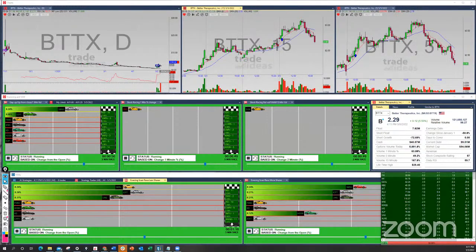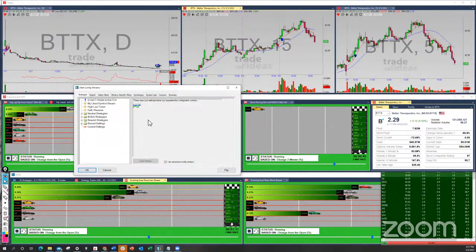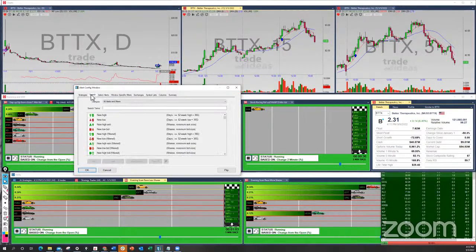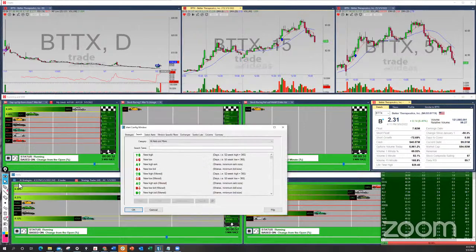So file, new alert window. Let's hide these unused. So I'm gonna build something out real quick and go over the thought process behind building out an alert window.